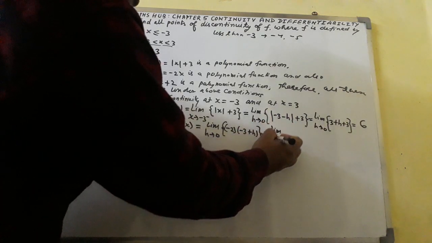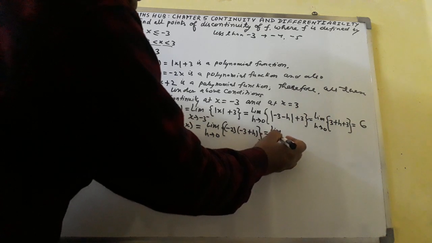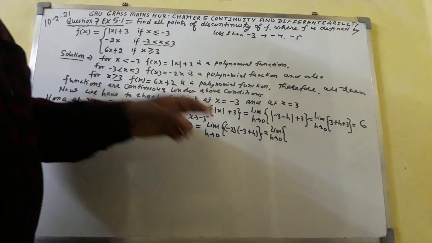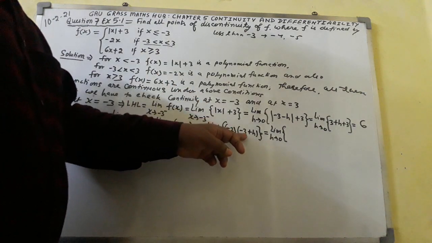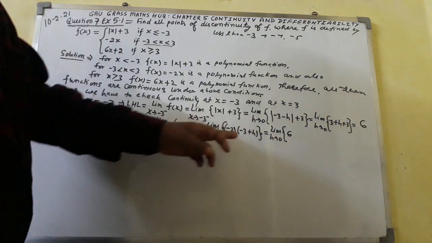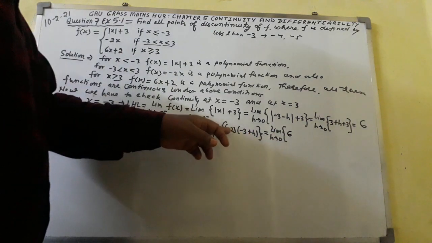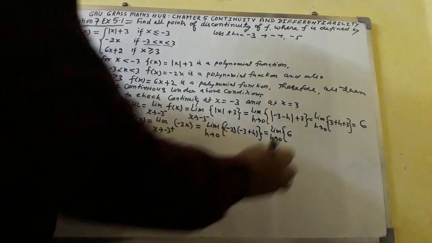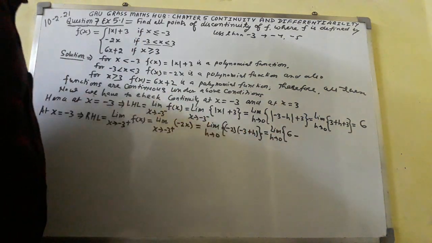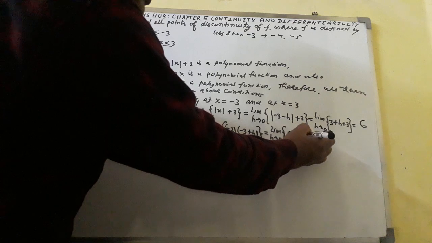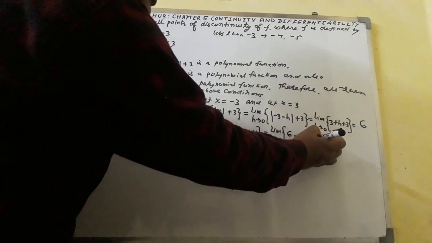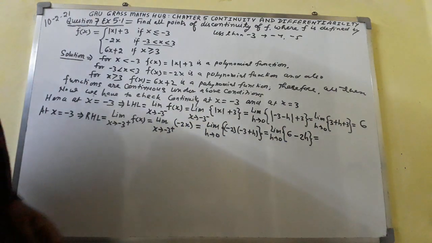Here I shall write equal to limit h tends to 0. Minus 2 will multiply with minus 3, you will get 6. And plus and minus will multiply together, minus 2 and h will multiply together, you will get minus 2h. So what to do here?